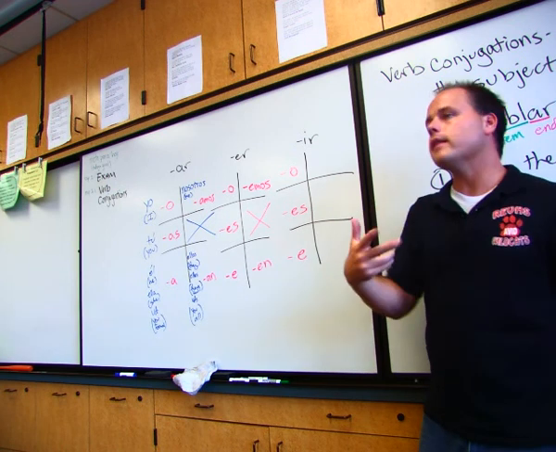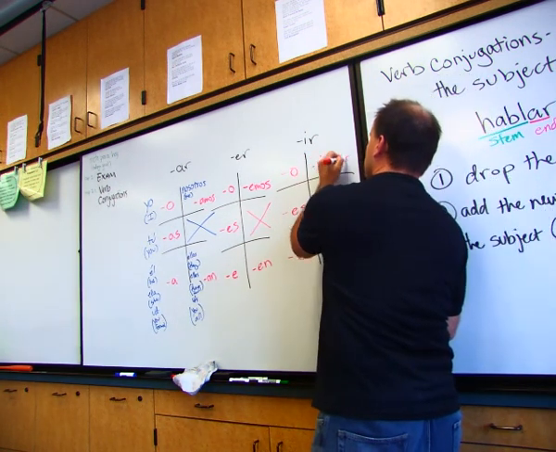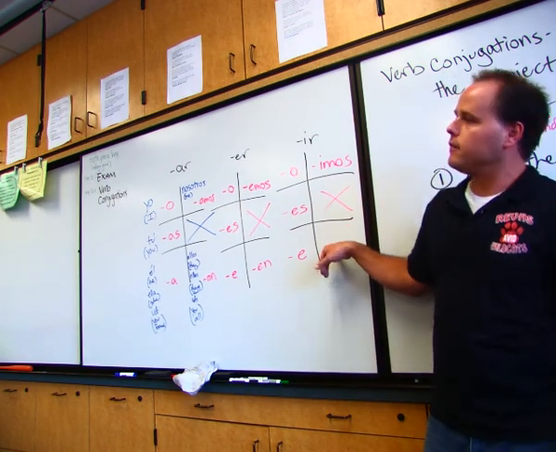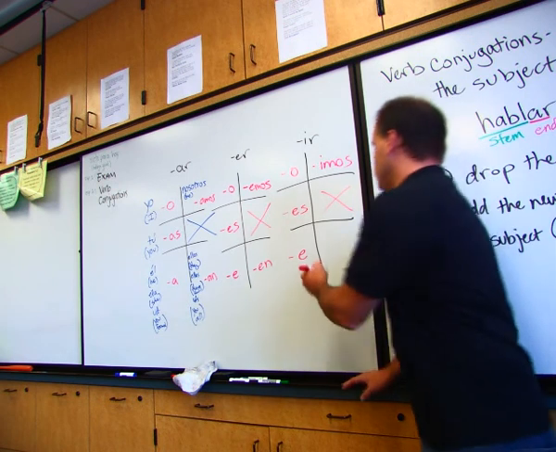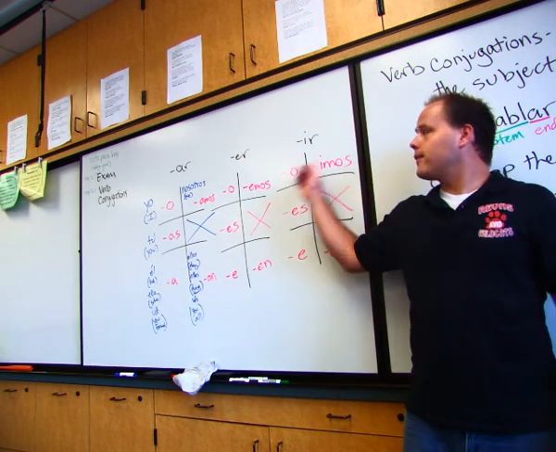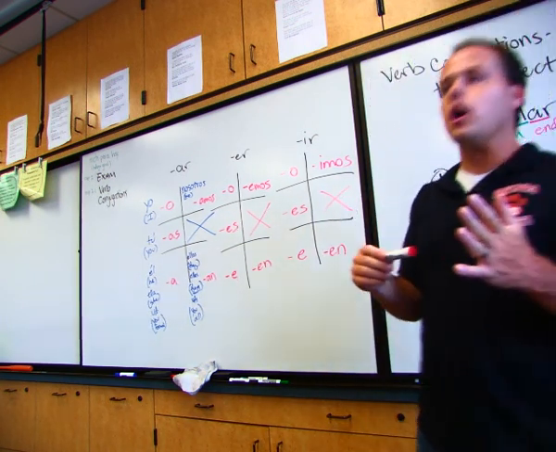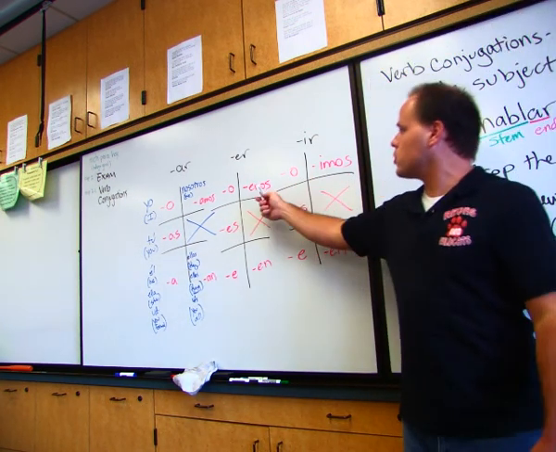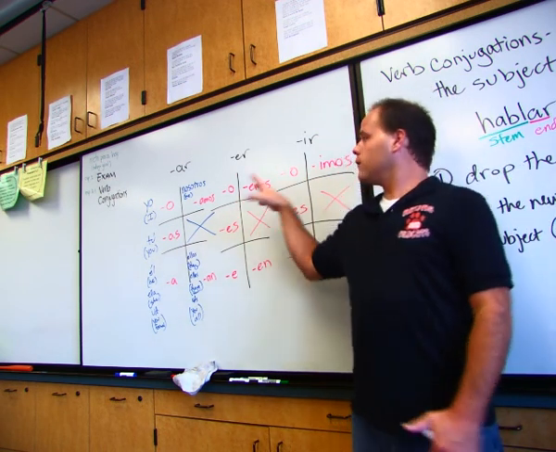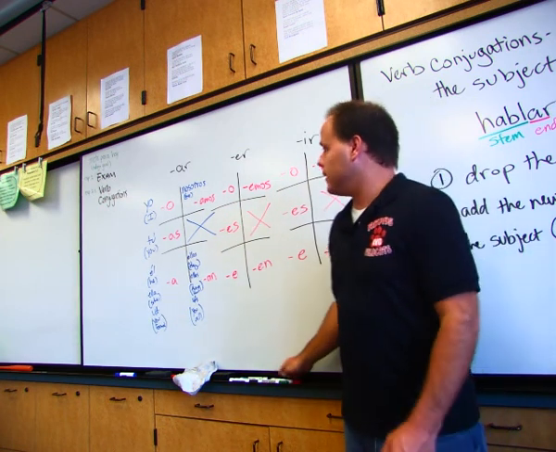If we want to say we live, we drop the IR and what do we add? Imos. I-M-O-S. And finally, if we want to say they live, we drop IR and we add en. Now what do you notice about the ER and the IR? They're almost identical except for the nosotros. Other than that, they're the same. These are all of your present tense, regular verb endings.